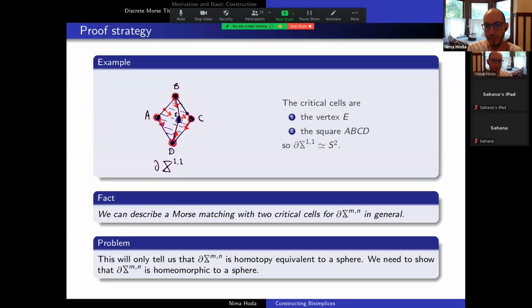Okay, and it turns out we can describe Morse matchings with 2 critical cells for the boundary of the MN bisimplex at this inductive step of our construction of bisimplices. But that's not enough, right? We need to know that it's actually homeomorphic to a sphere, not just that it's homotopy equivalent to a sphere.